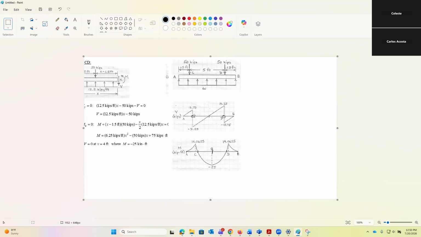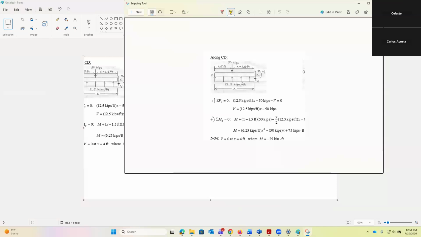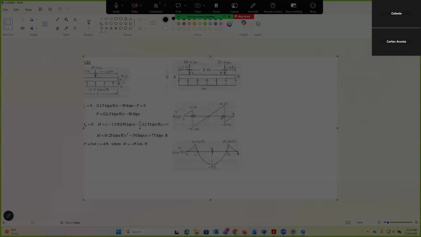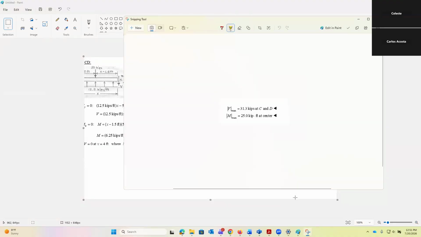Okay, pretty straightforward. And then what is the maximum? You just simply have to put that distance of 4 in your equation, and it will give you the maximum values for your shear and for your moment. And actually here, since you see the recording, you can practice.